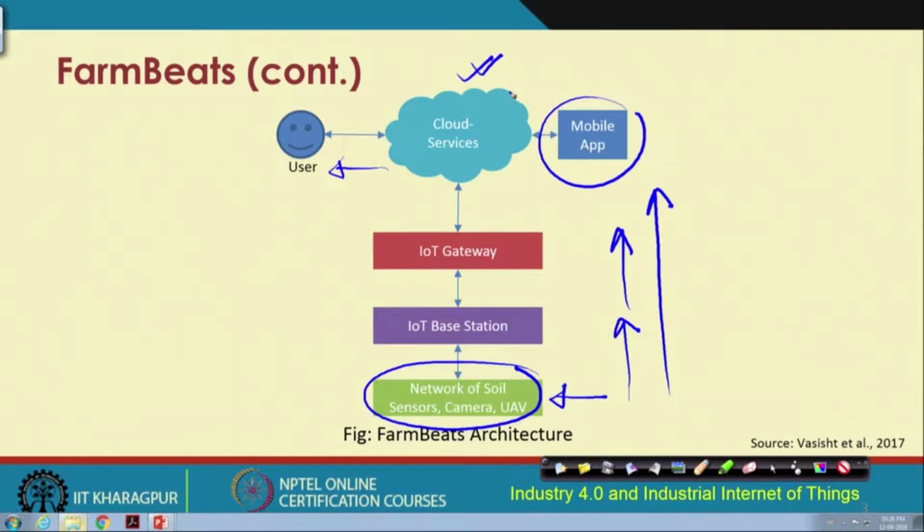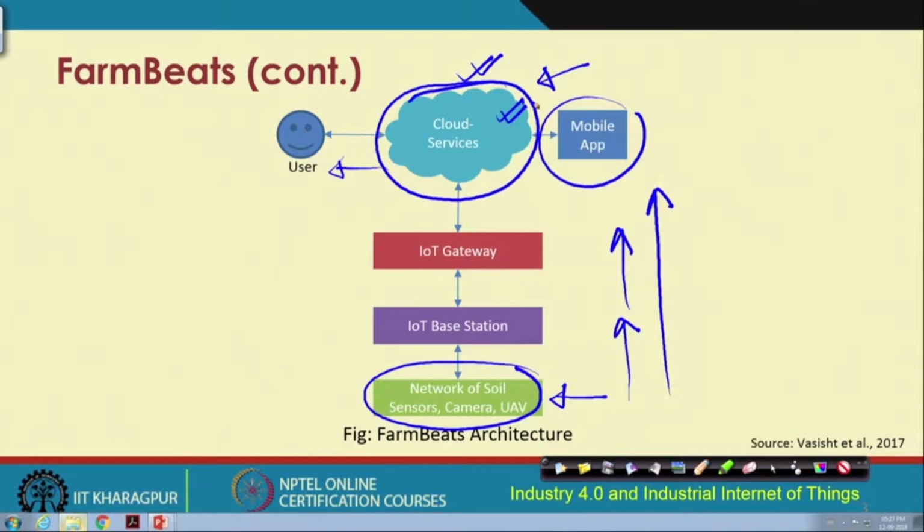So, as we can see over here, this is the integral part in this particular architecture: the cloud services. Precision agriculture talks about making meaningful inferences out of the data that are collected, as quickly as possible, using a processing engine, typically in the form of cloud based architecture.